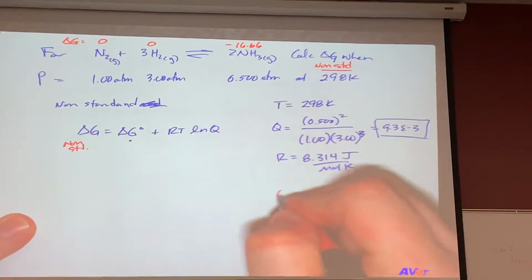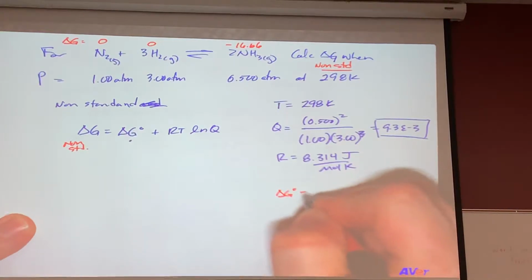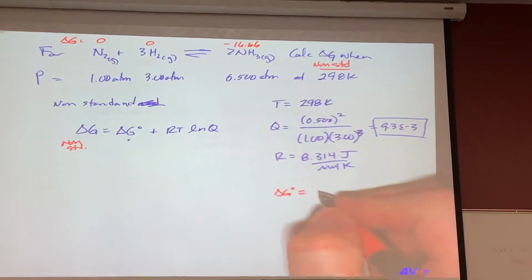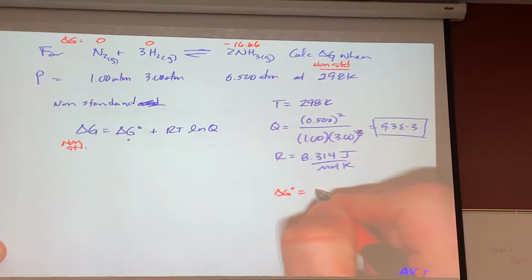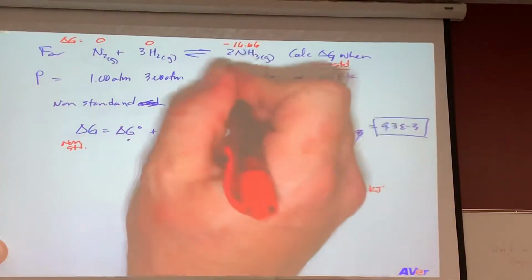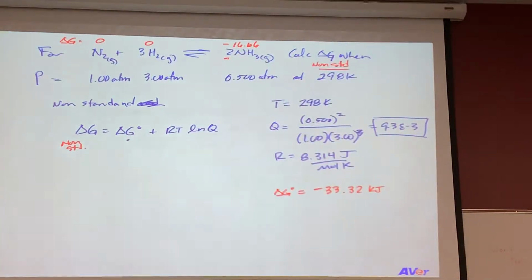Can you math that one in your head? What's delta G for the equation? 0. In the bottom, 16.66. Oh, it says 33.32. You multiply by 2, right? Negative 33.32. That's because you multiply the coefficients here by 2. And remember, just like the other two, you get the sum of the number of moles times the delta, either G, H, or S, products minus reactants.